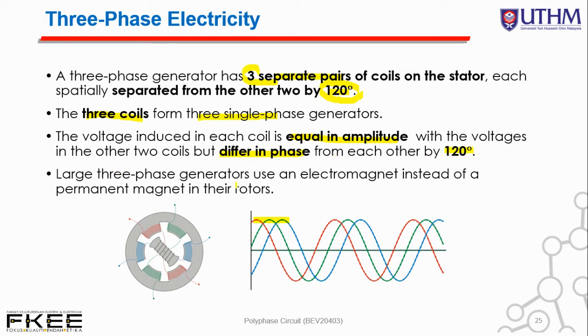So large 3-phase generators use an electromagnet instead of a permanent magnet in their rotors. So this is in terms of the design, the physical design of the machine itself, the generator itself. So they use an electromagnet instead of a permanent magnet. This means they require a different type of winding or coil.